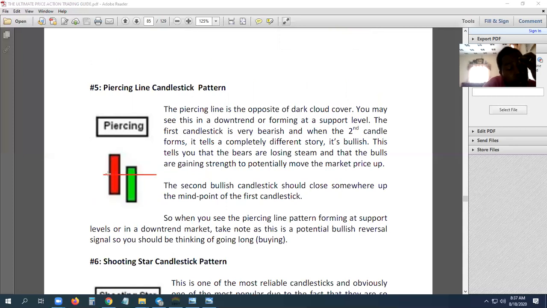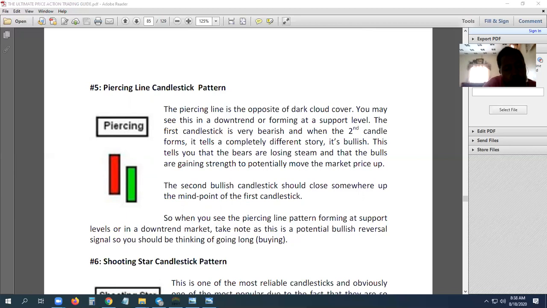Assume this is the half of the candle. So it closes above the midpoint, but not above the body. So we call it a piercing line. The piercing line says the market is likely to go up. The last candle is green, so this is a bullish signal. A dark cloud cover is a bearish signal, so bullish, and the previous one is bearish.